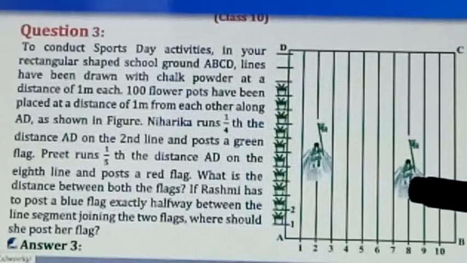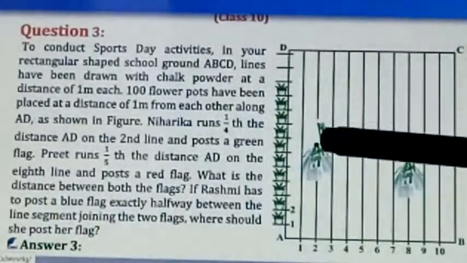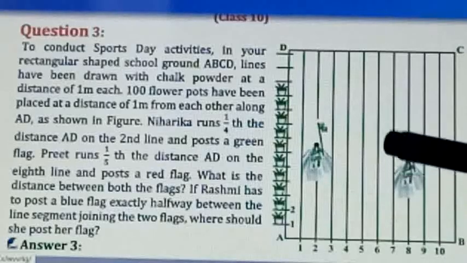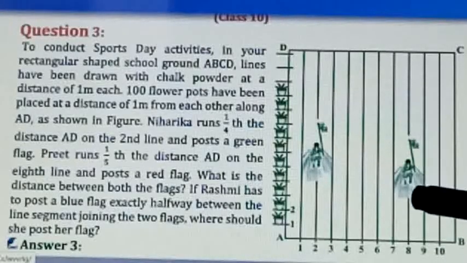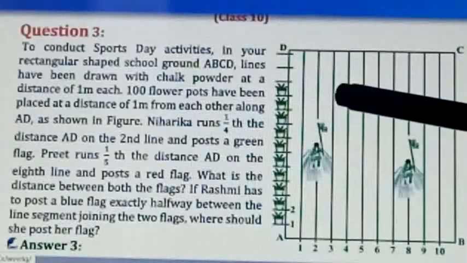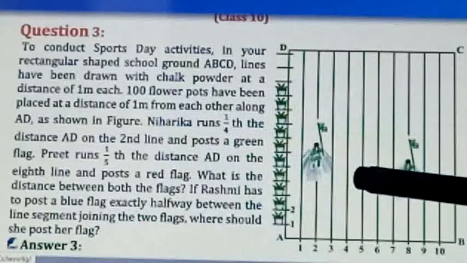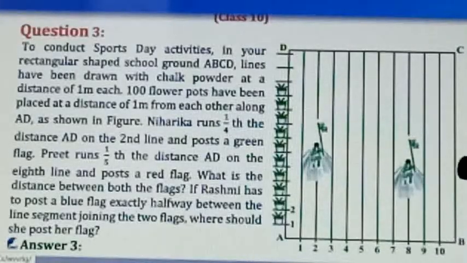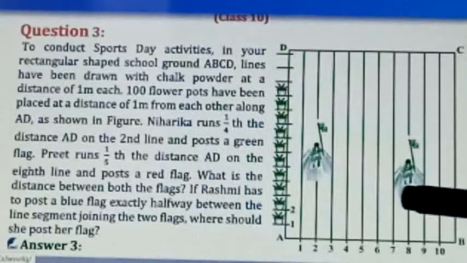Now if you want to find the distance between the two flags, we need coordinates. Have they given coordinates, children? No. They are mentioning only that Niharika is on the second line. She ran 1/4th of the distance of AD, and Preet is on the eighth line. She ran 1/5th of the distance along AD. This much only they are giving.